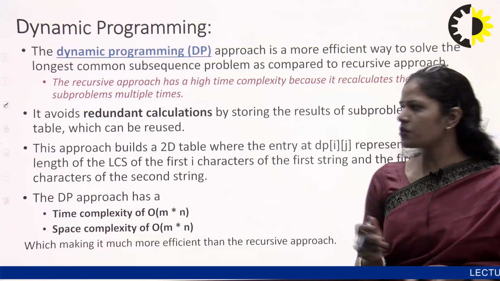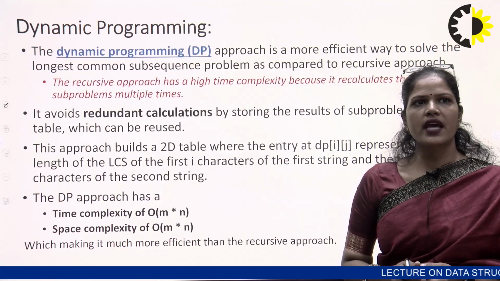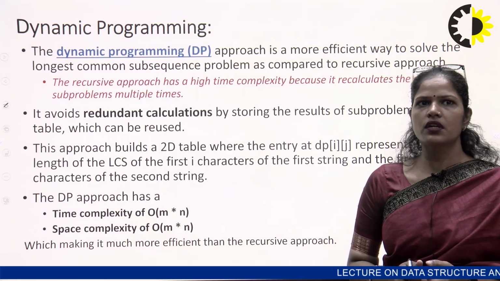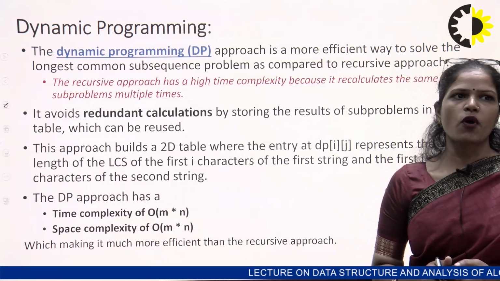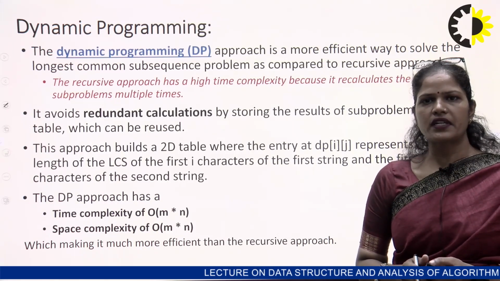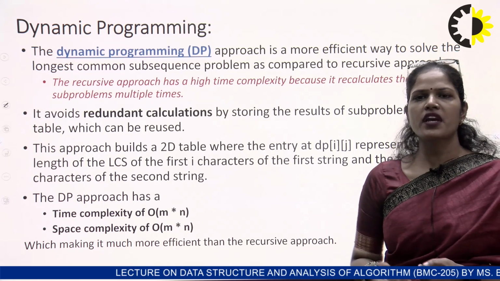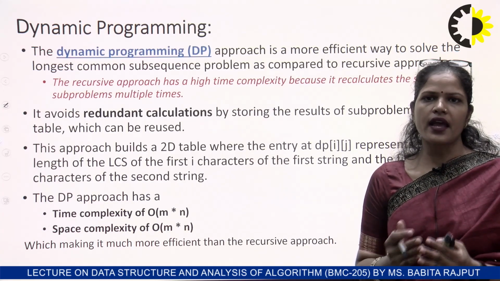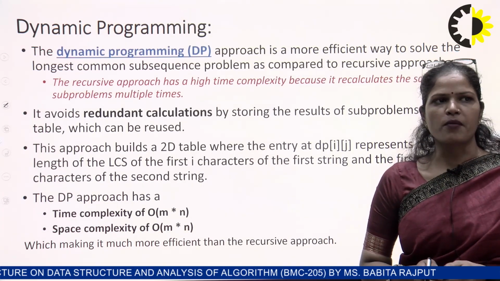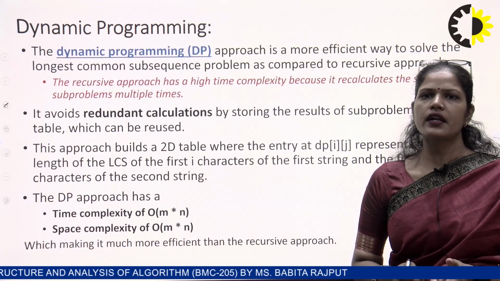How can we understand this by taking some examples, right? The recursive approach has a high time complexity because it recalculates the same subproblems multiple times, right? So this is the main reason why the time complexity of the recursive approach is higher as compared to the dynamic programming approach, because dynamic programming avoids redundant calculation.